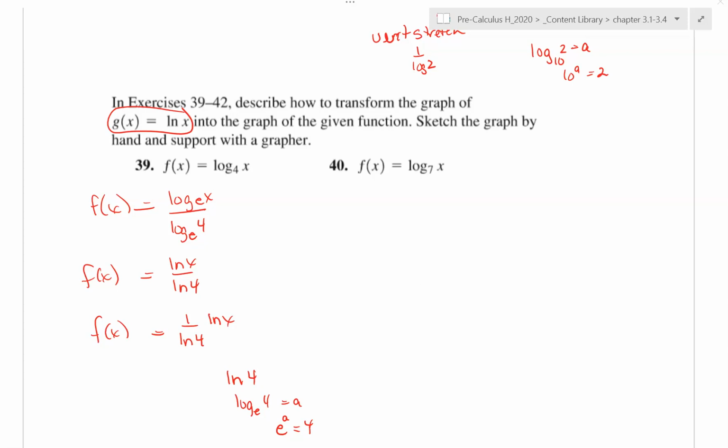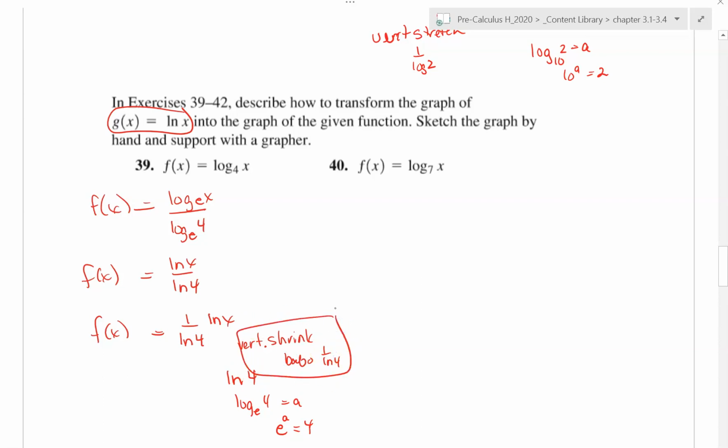So 1 over natural log of 4 is approximately 0.7. But if you did not have a calculator, I don't think I would mark that wrong on a test. But that is a vertical shrink by a factor of 1 over natural log of 4.